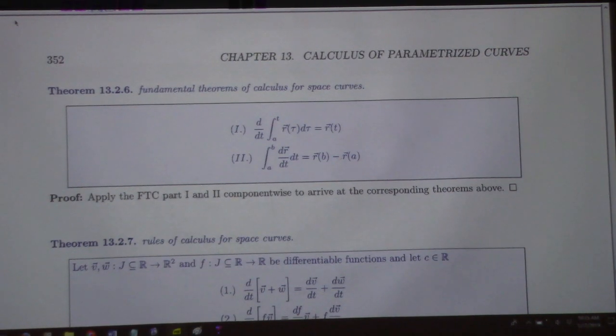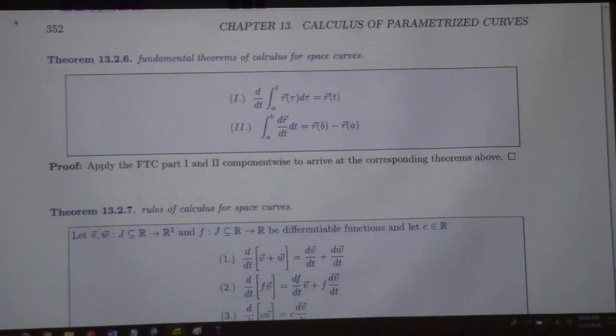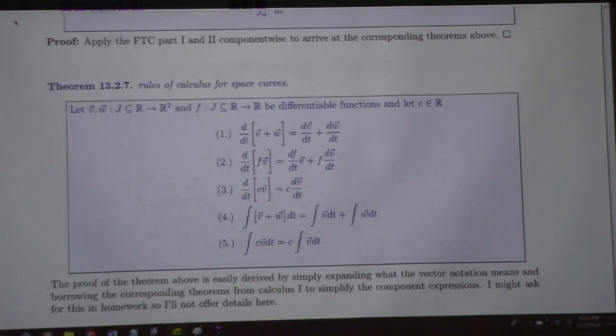There are also rules for differentiating paths. Here's like the derivative of a sum is the sum of the derivatives. If you had a function times a vector, you get this product rule. We can pull a constant out like that. The integral of a sum is the sum of the integrals, and we can also pull a constant out of the integral. Nothing terribly surprising here.